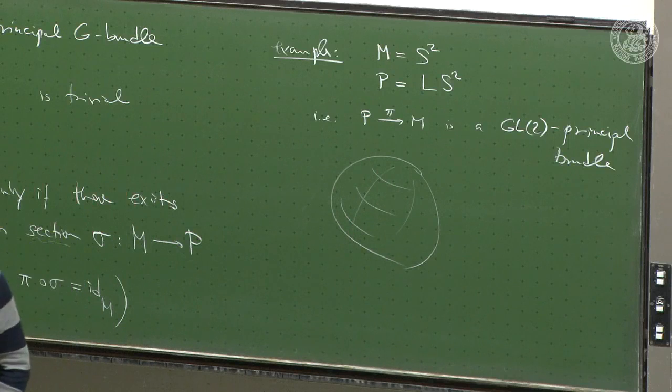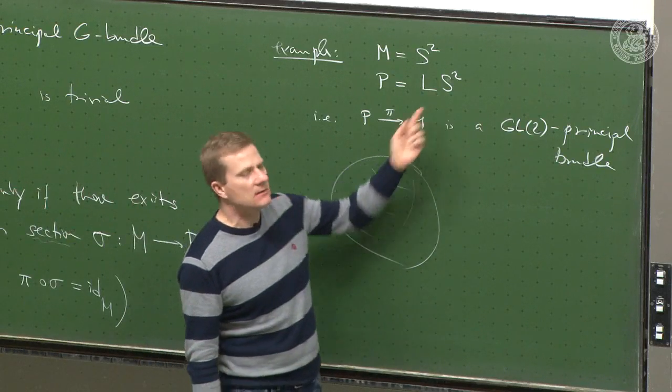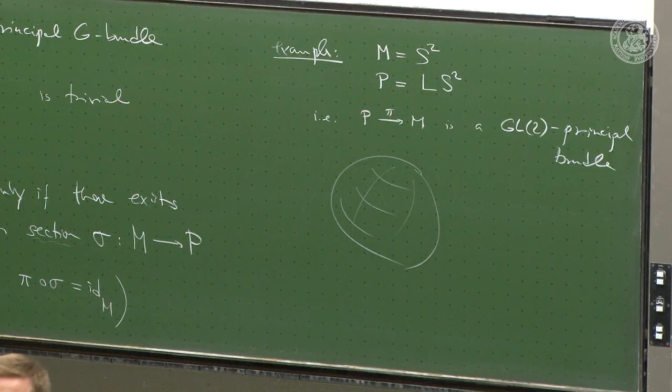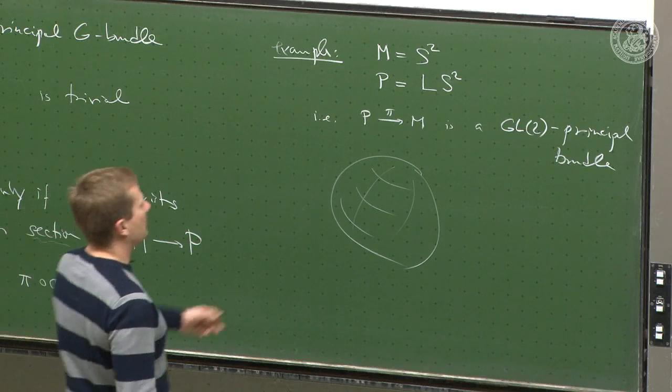Now, what do we know about sections of the frame bundle of the two-sphere? A section of the frame bundle would be a frame at every point, right? So a basis of the tangent space at every point. But what do we know about this?